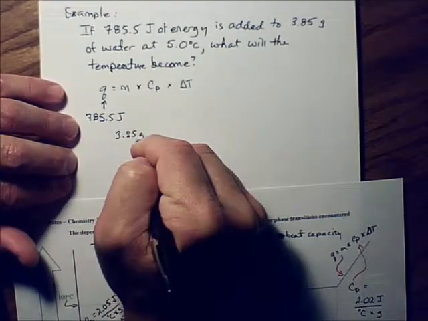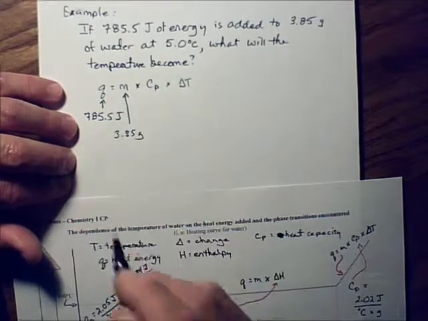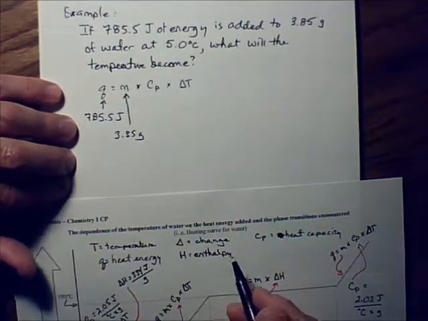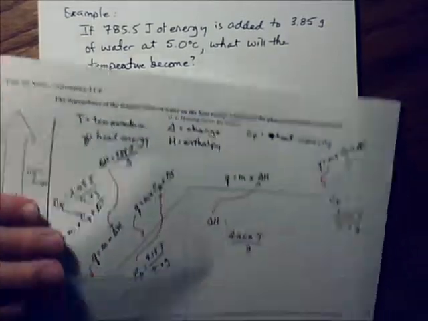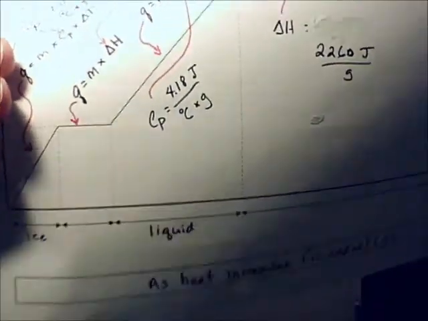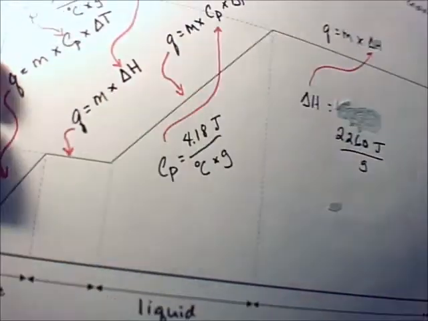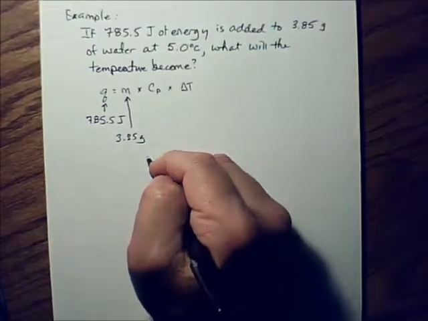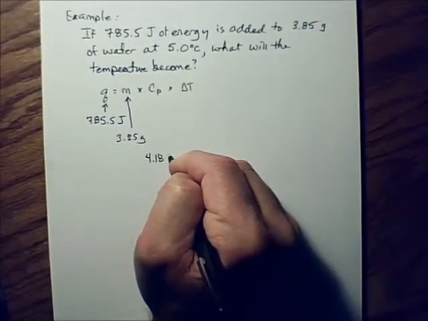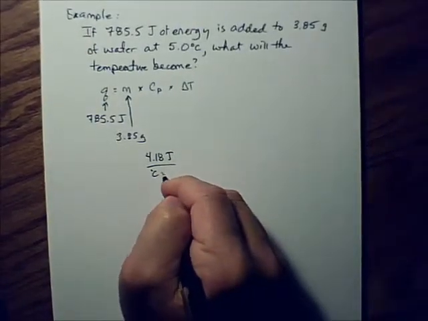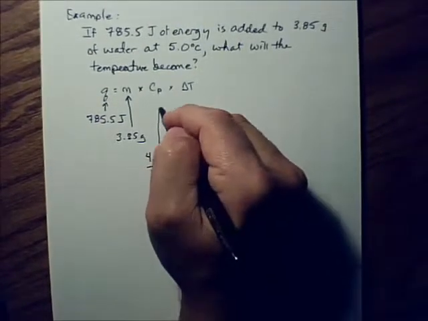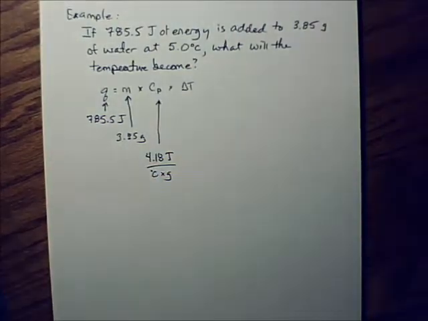So 3.85 grams, that's the mass. And what's the CP? Look on your notes where we wrote those down. What's the CP? 4.18 joules over degrees C and over grams, and that goes in for the CP.